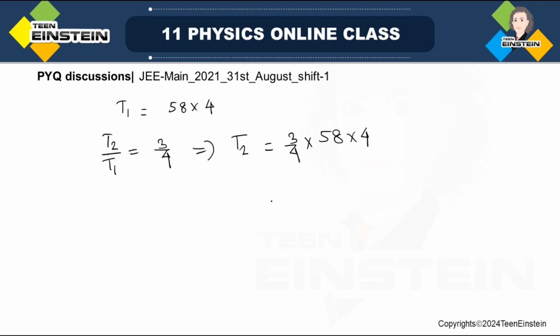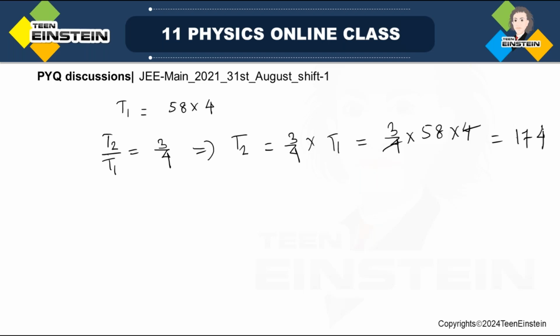Here I'll write T1, and T1 we have got as 58 into 4. This 4 cancels, so what I get is 24 and 57.